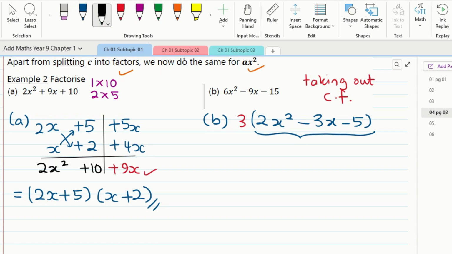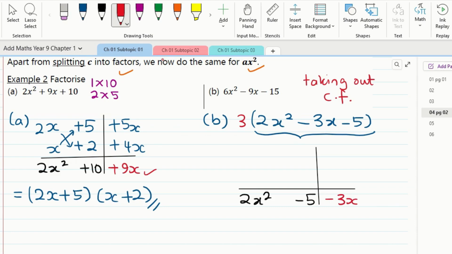So for this one, if you do the cross method, you take the terms after you factorize this expression by taking out 3 first. You will take 2x squared and also -5, and your aim is to get -3x in the third column.